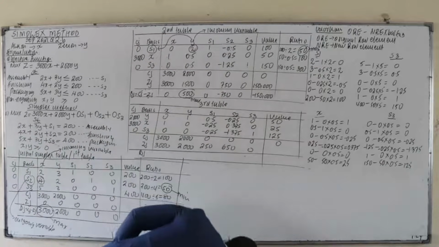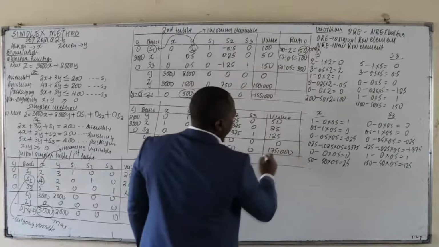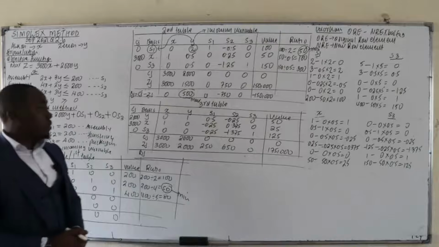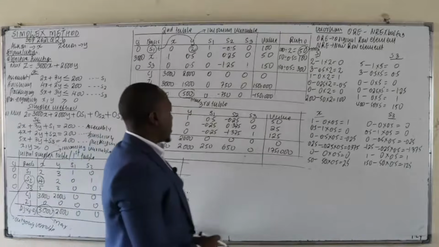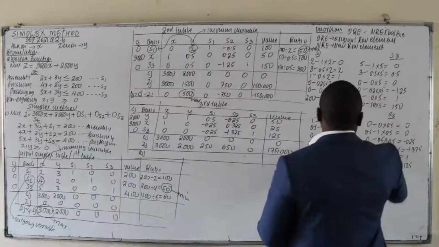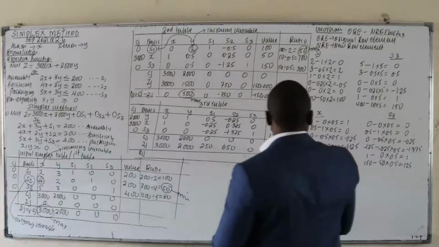So you'll get an amount of 175. Negative 1.125.